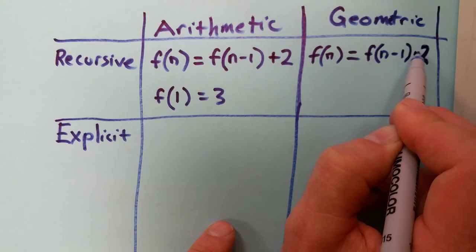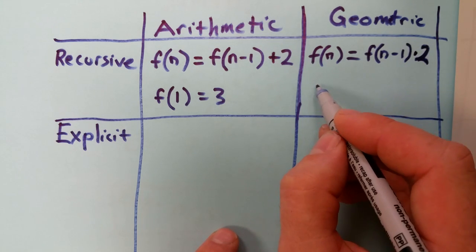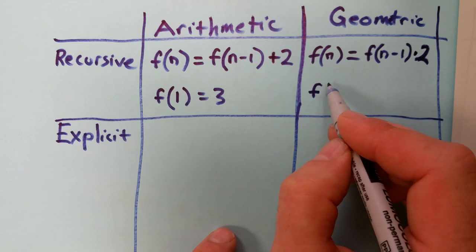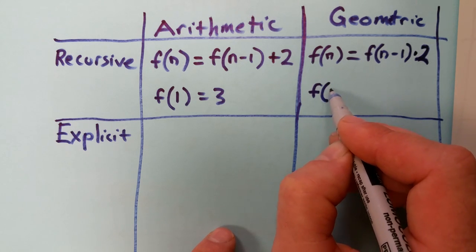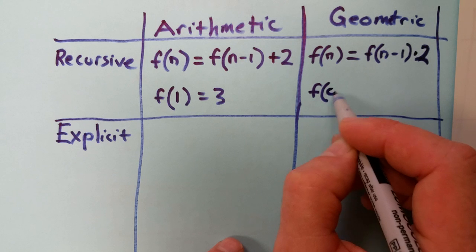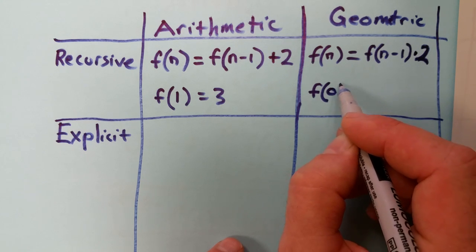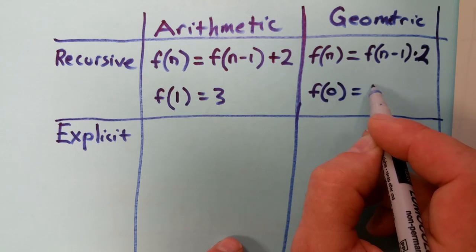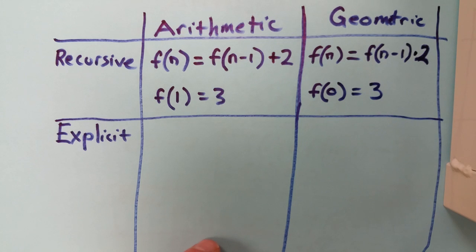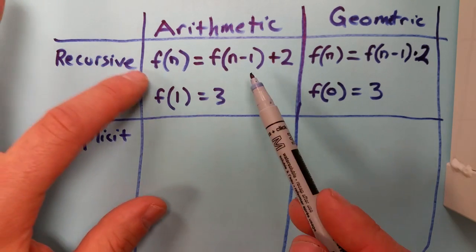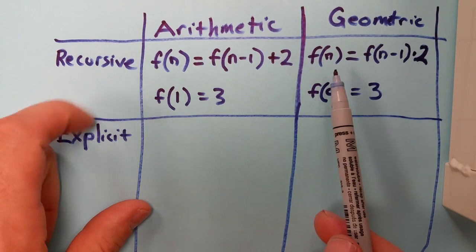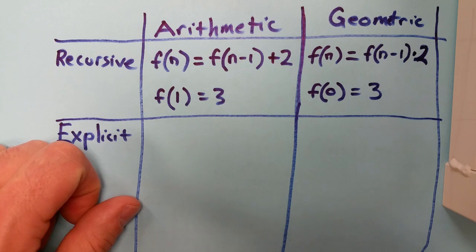Not just 2 more, but double it. And then this one actually had a 0th term at the beginning. Before the first minute was up, there were 3 dots there. Okay, so that's our recursive function for an arithmetic sequence and a recursive function for a geometric sequence.